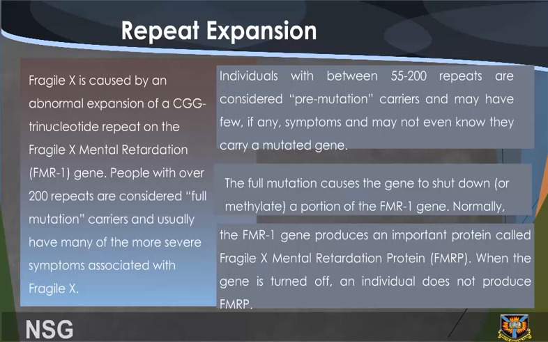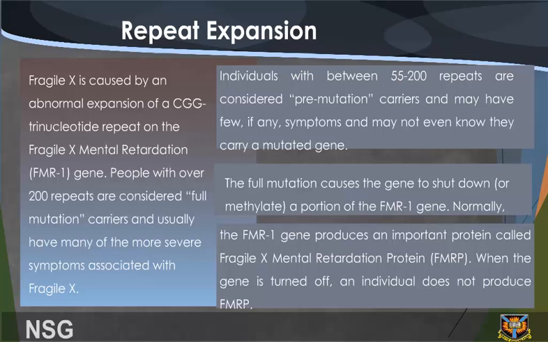The full mutation causes the gene to shut down, or methylate, a portion of the FMR1 gene. Normally, the FMR1 gene produces an important protein called Fragile X mental retardation protein, FMRP.